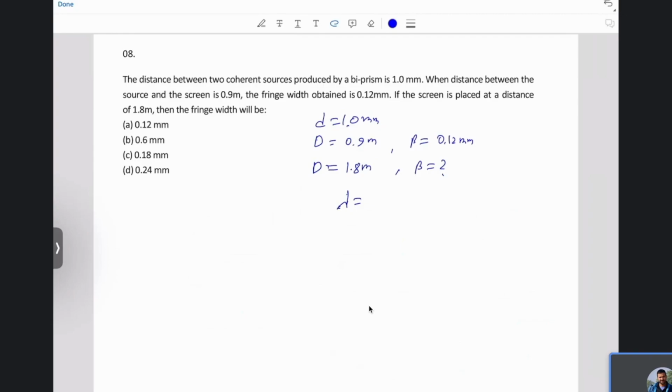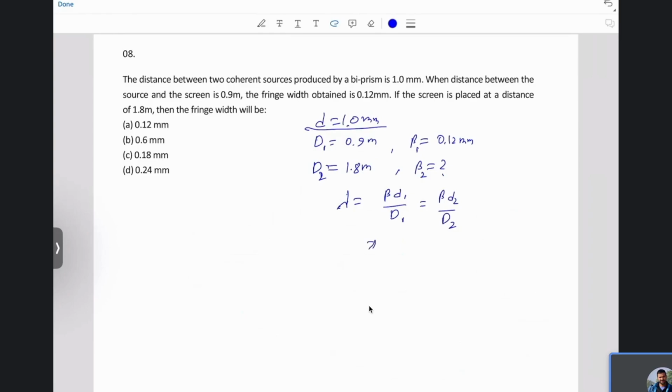So suppose this is d1, this is d2, this is beta 1, this is beta 2. This is unchanged. And lambda is beta d1 by D1, which will also be equal to beta d2 by D2, right?